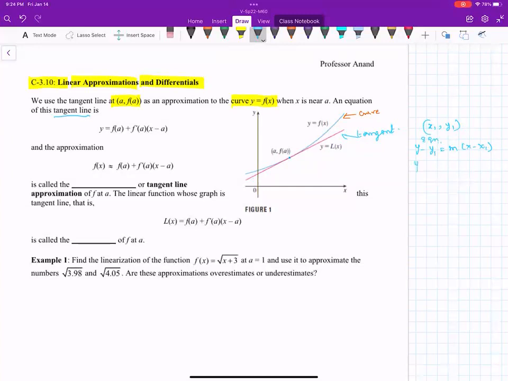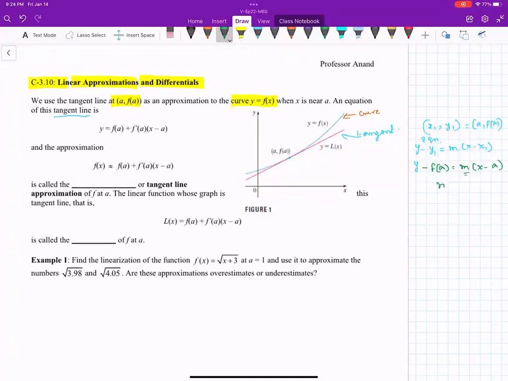In this case, the point through which it passes is (a, f(a)). So changing x1 to a and y1 to f(a), this becomes y - f(a) = m(x - a).